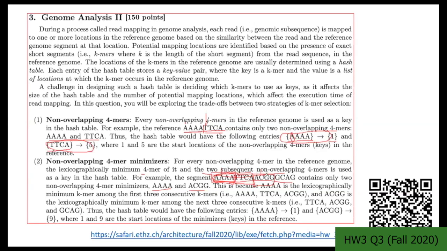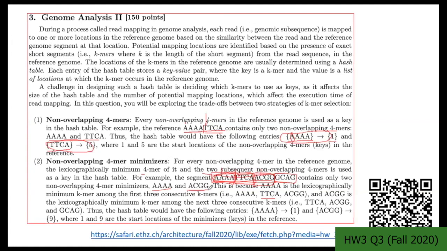We repeat the same thing, but now we extract the next 3 k-mers: the first one is TTCA, ACGG is the second k-mer, and GCAG is the third k-mer. Now we sort them and pick the minimum as a minimizer, which is ACGG.